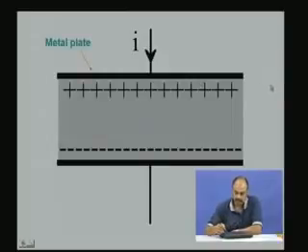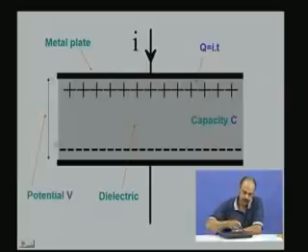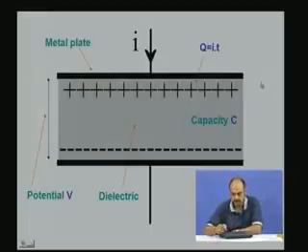So, that is the metal plate as I have indicated, this is the dielectric, this is the capacitor with capacity C, and the charge Q is current into time. The current into the time is the amount of charge that gets accumulated here, and the difference between the potential between these two plates is the potential V or volts.